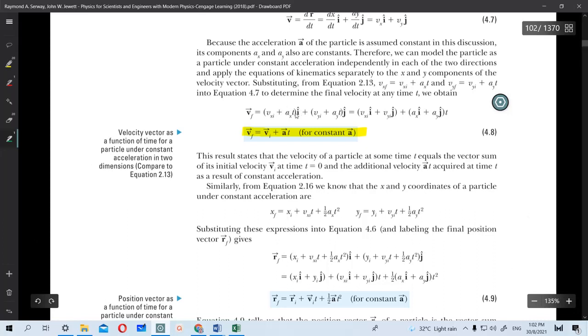So the same expression is written, v = u + at, but the subscripts are meant for only x for i plus y for j.